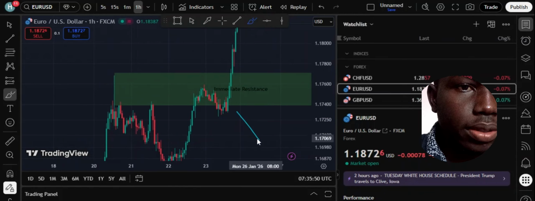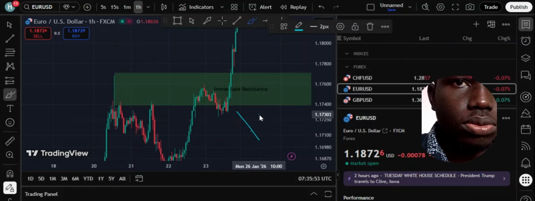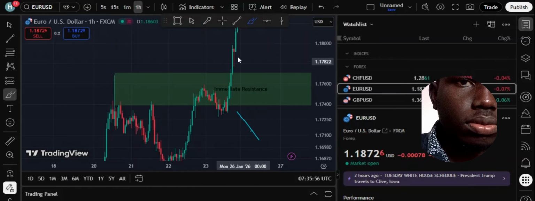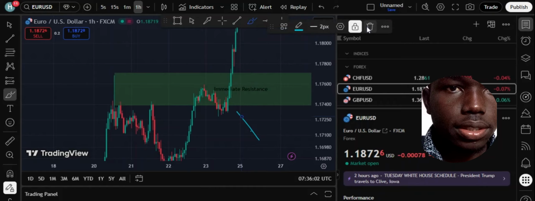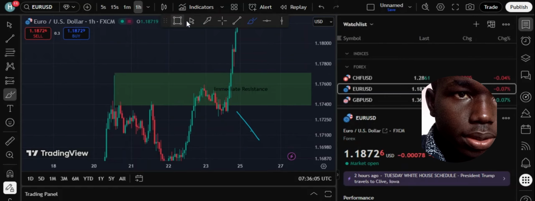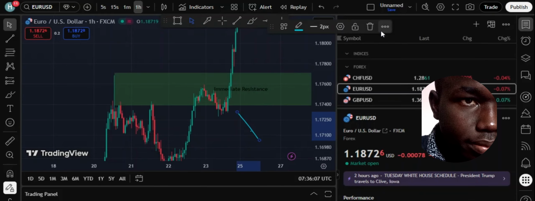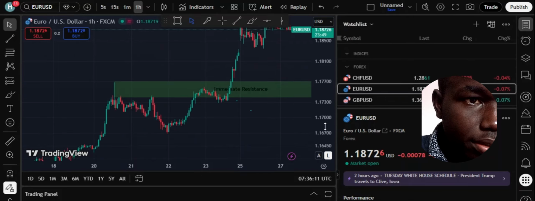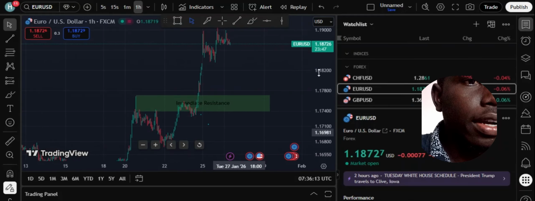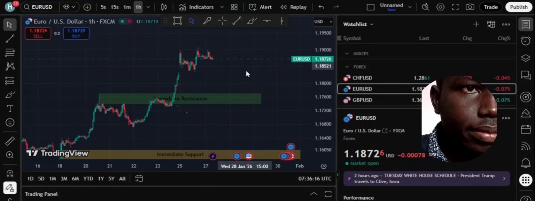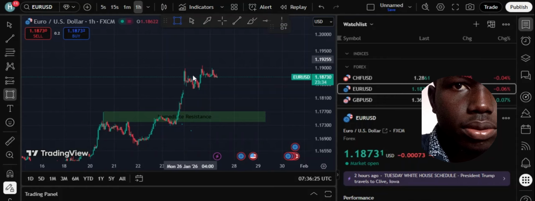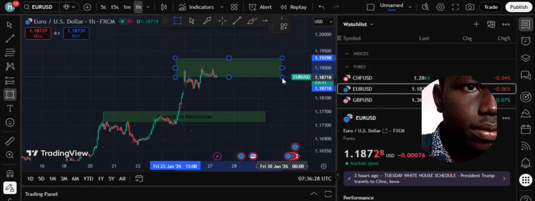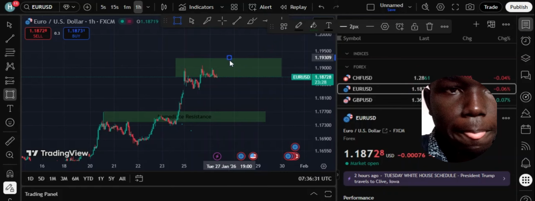Since we're done with that, what we're seeing now is also a current resistance that is here, a very strong one, very strong resistance around here.